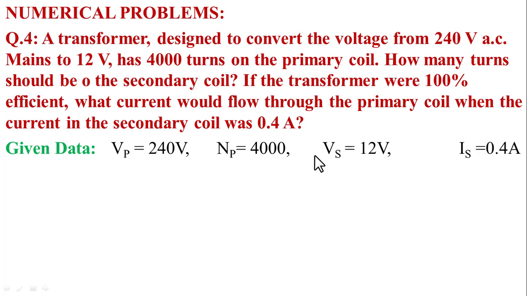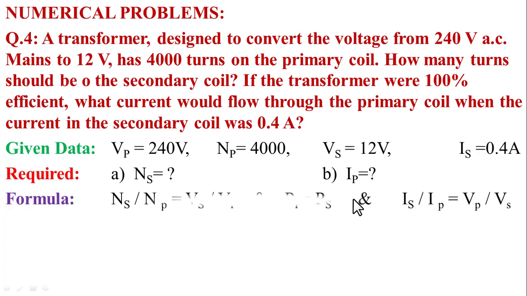Similarly, we have the voltage on secondary equal to 12 volt, and the current on secondary equal to 0.4 ampere. Now we are required to find the number of turns on secondary and, in part B, the current on the primary coil. So we use the formula and calculate these values.